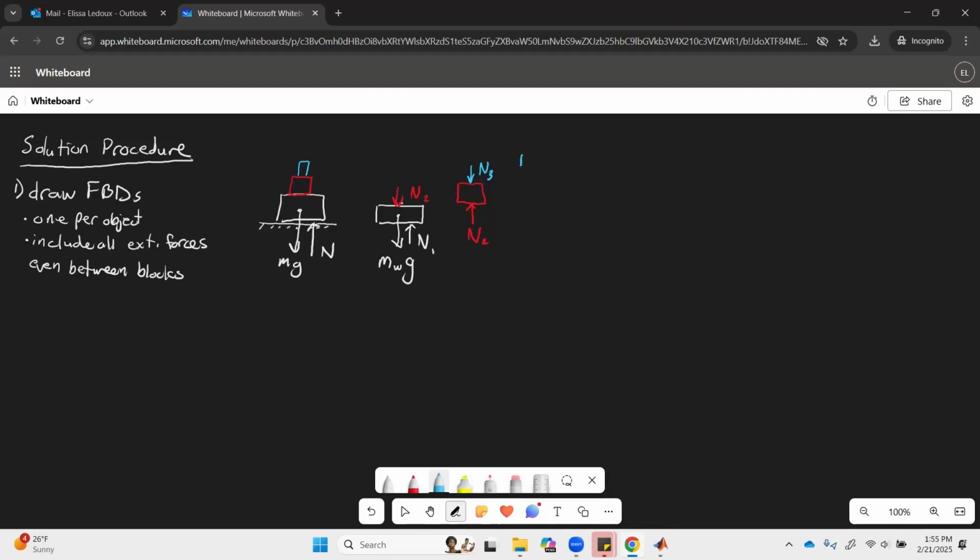And then if we draw the free body diagram of the blue block, oh, we forgot to include the weight of this one. So MRG for the red. And then finally on the blue block, we've got the normal force 3, that equal and opposite force coming up from the red block, and then we've got the weight of the blue block. We'll say that's MBG. Okay, so you have to include all the forces in between the blocks.